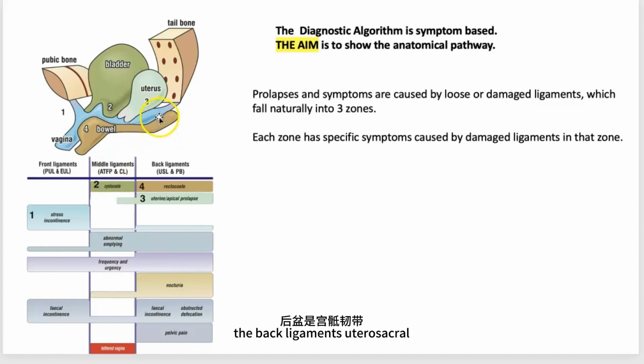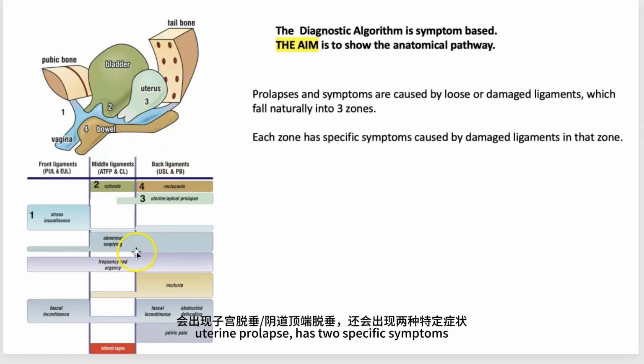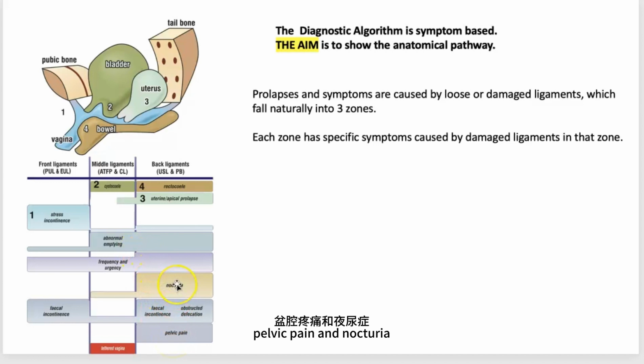The back ligaments, uterosacral, uterine prolapse, has two specific symptoms: pelvic pain and nocturia, but also it can have abnormal emptying, frequency and urgency, fecal incontinence and obstructive defecation. The perineal body, here, it can have obstructive defecation.